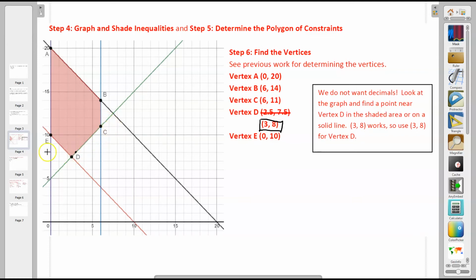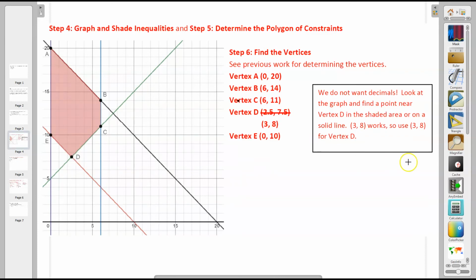So if this green line had been down a little bit lower, supposing it went something like this instead, you can see that this point here would still be within the area, and it would be the closest set of whole number coordinates that are close to the vertex.